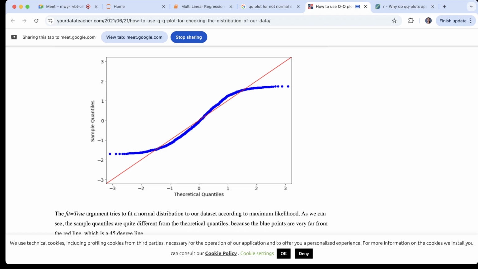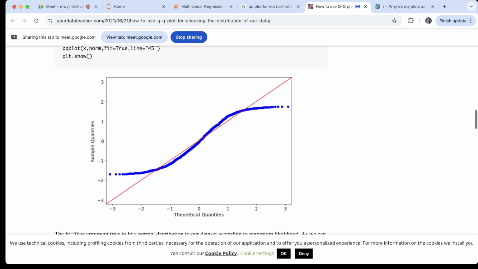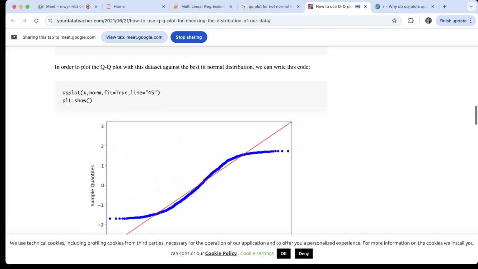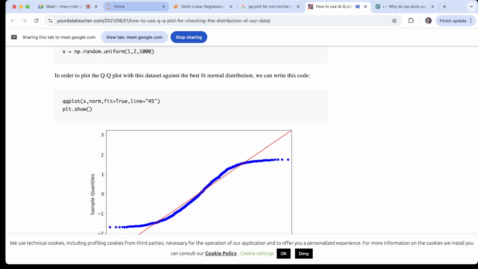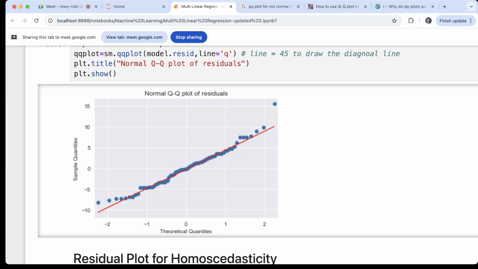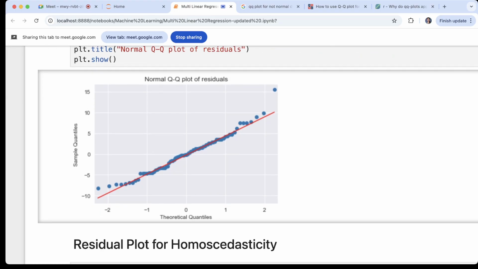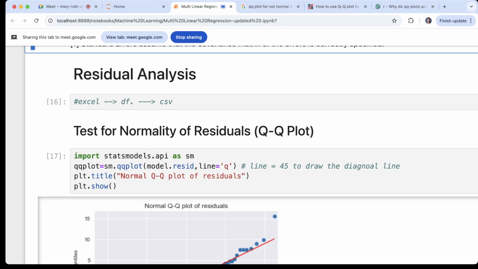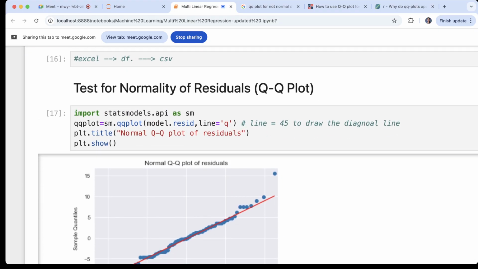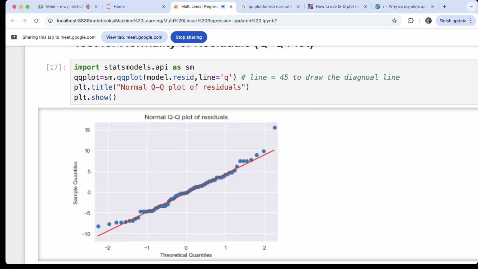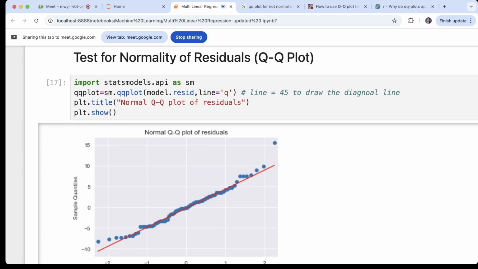If the graph is something like this, then this is not from the normal. Clear? So as you can see here, our residual plot is almost falling on the 45-degree line. So we can safely say that all the residuals are coming from the normal distribution, which was our assumption number 2.